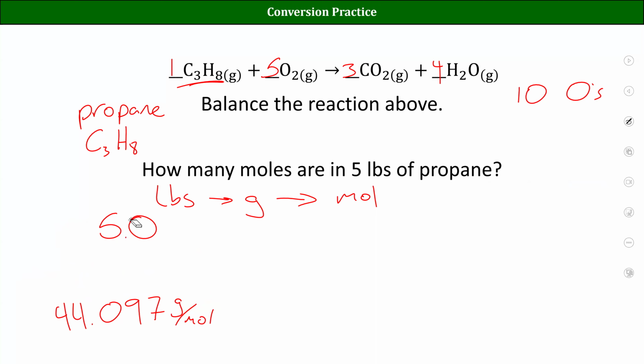Just because we don't want to leave it to just one single thing, let's assume that when we buy our 5 pounds of propane, they actually filled it up to plus or minus a tenth of a pound, so we get to keep 2 sig figs.